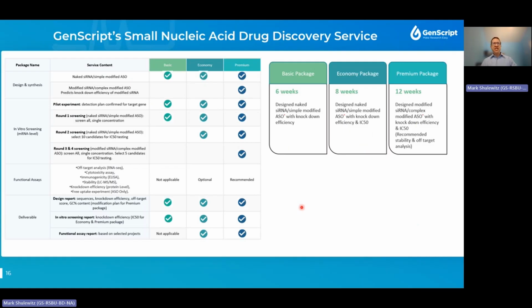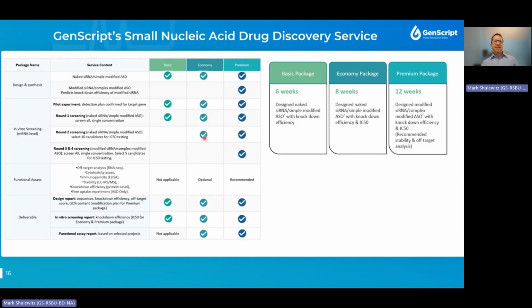To make things even easier, we've bundled our delivery services into 3 convenient packages. So starting at basic, we will design and synthesize antisense oligos or siRNAs against a customer's target and perform 1 round of in vitro screening.